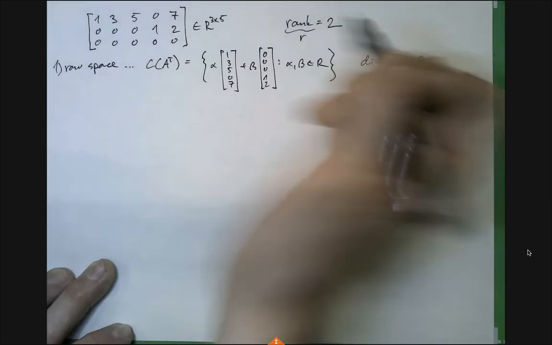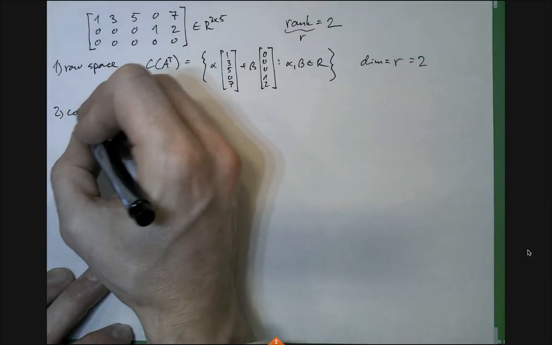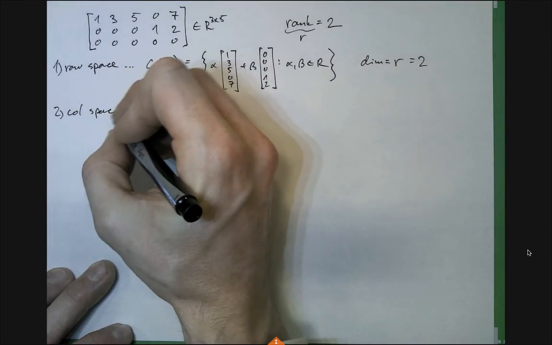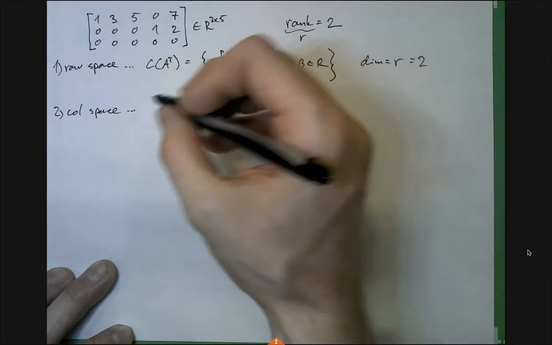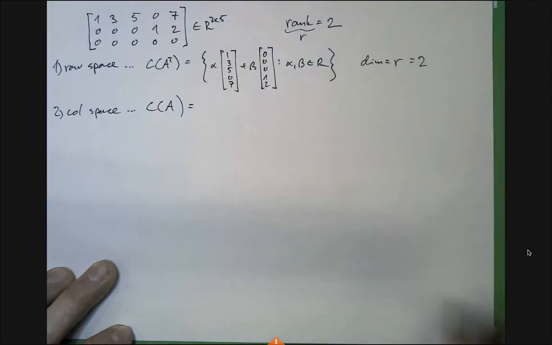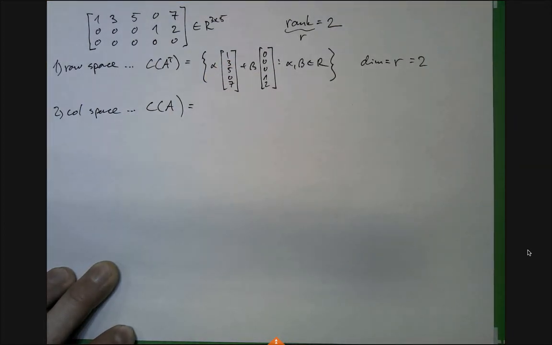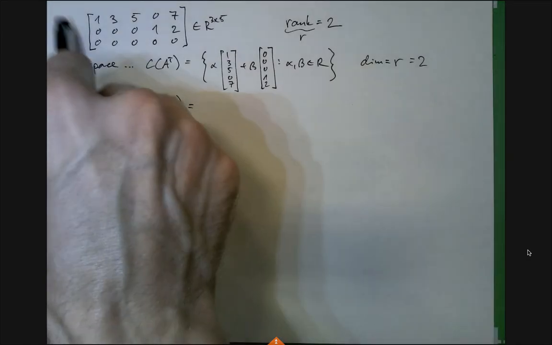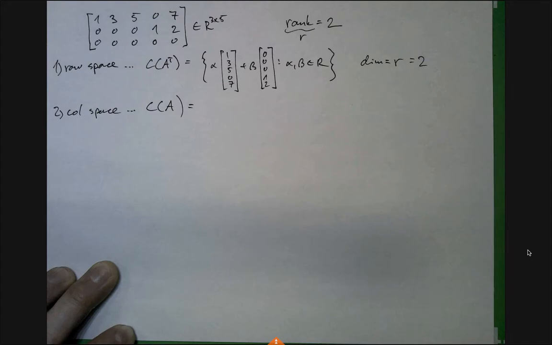The column space is also easy. Because I already chose it in reduced row echelon form, that's why it's so easy. If it wasn't in reduced row echelon form, then I would have some transformation matrix here, and I would have to do a few more computations, but in this case it is easy. So what do you think?